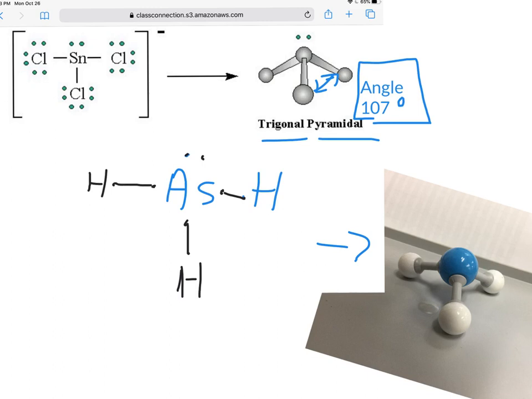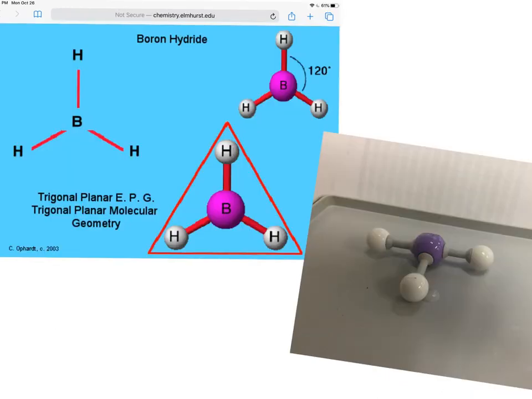Now that takes all of the unpaired valence electrons from AS, and now it has all 8 valence electrons. And hydrogen has shared its one, each one of them. But this shape is your trigonal pyramidal. Okay.